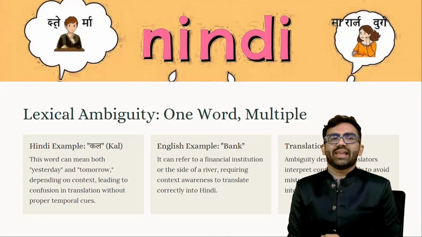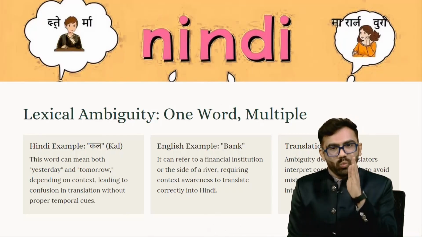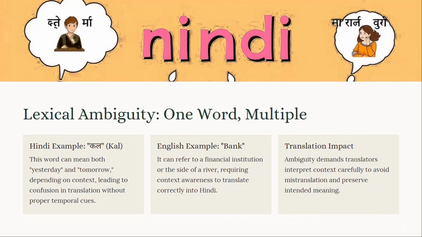First is lexical ambiguity. One word has multiple meanings, right? For example, we take the word kal. Kal can be yesterday in Hindi, it can be tomorrow, right? It depends on the context. मैं कल जाऊंगा, मैं कल गया था.